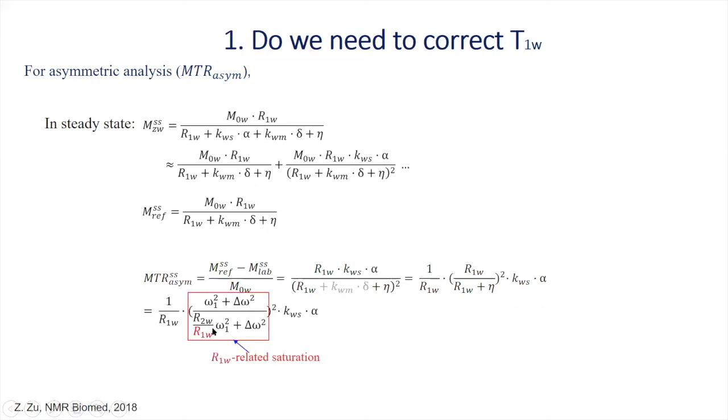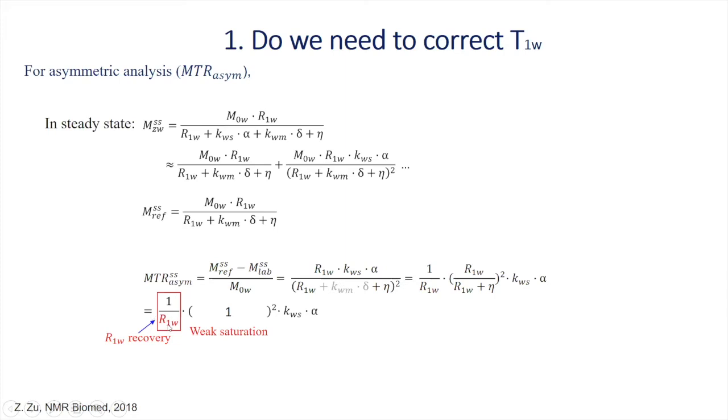And so here we have R1. It influences MTR asymmetry through the saturation effect. So we term it the R1-related saturation factor. In weak saturation effect, this term will be 1. And then the MTR asym will only depend on this R1. And so here, since there's no saturation effect, there will be only recovery.